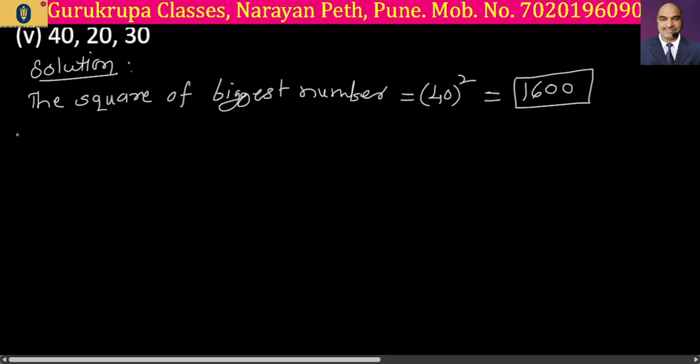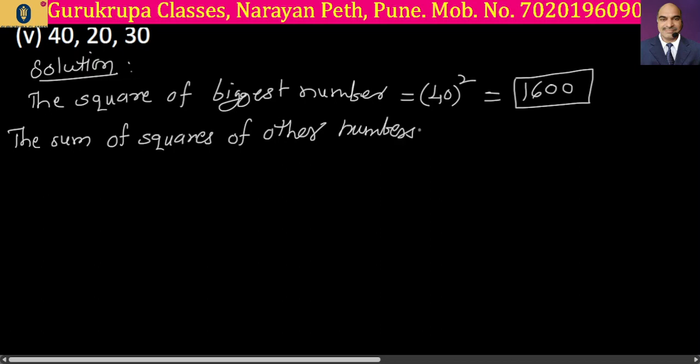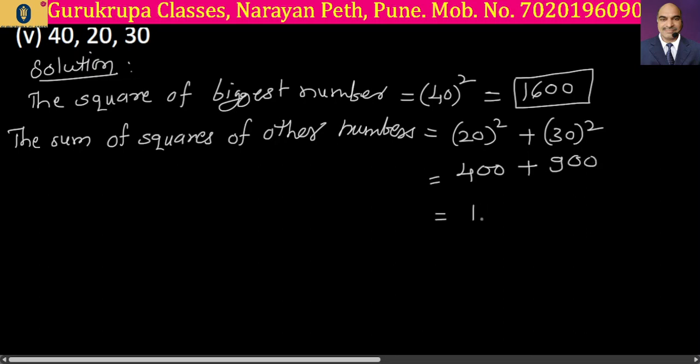Next, the sum of the squares of the other two numbers. The other numbers are 20 and 30. So 20 square plus 30 square. 20 square we get 400 and 30 square we get 900, and the total, if we sum them, we get 1300.